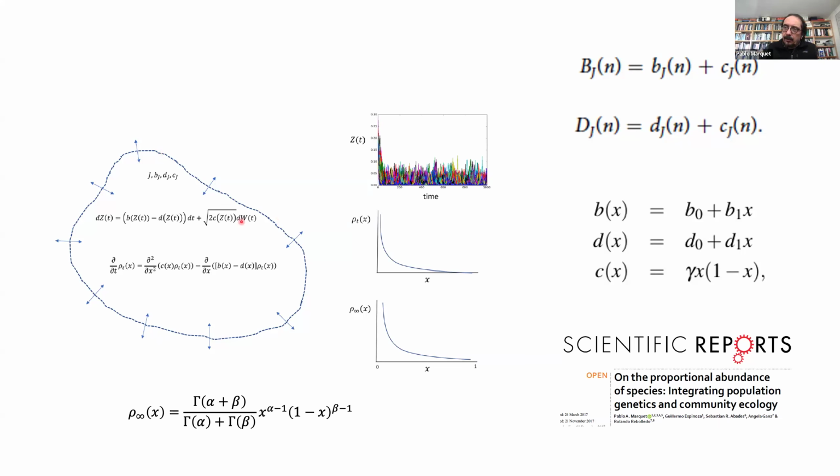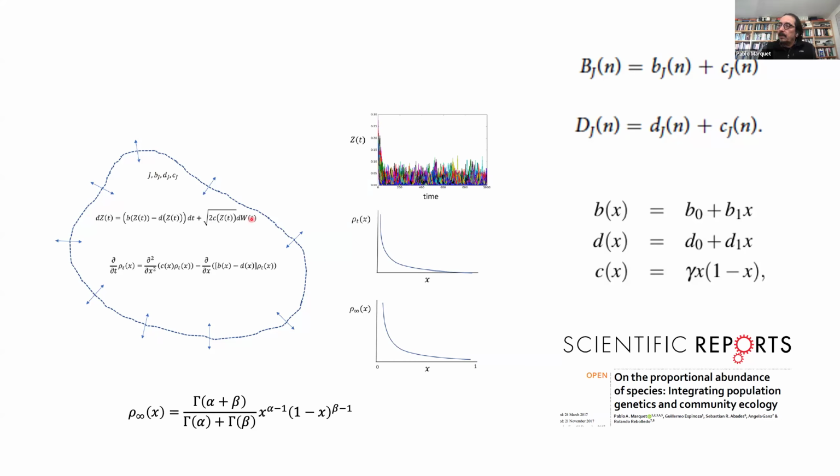So you can write a stochastic differential equation like this, where C here is the proportion. Now you have birth and death, and you have this kind of coefficient of the Brownian motion here.